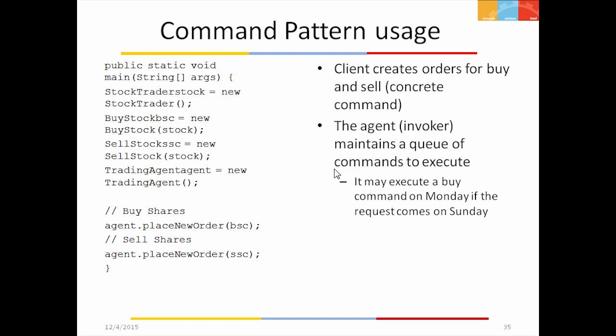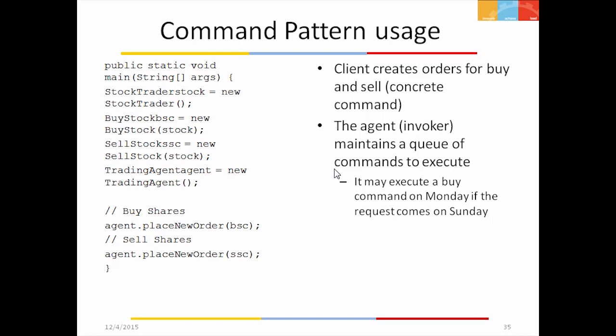The question is why? There might be a scenario where a request that's placed may not be executable immediately. Specifically, this is the case when you need to cater to a massive number of requests, like in this case stock trading. There are many people placing so many orders throughout the day. For that reason you definitely need to use a queue to prioritize and then execute. Moreover, there can be some other logic that the agent can apply.